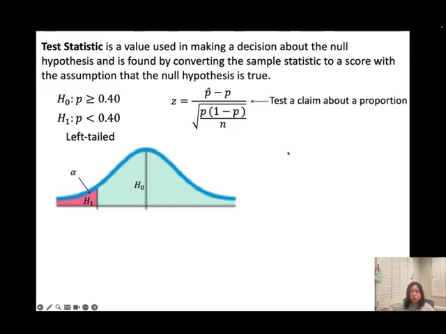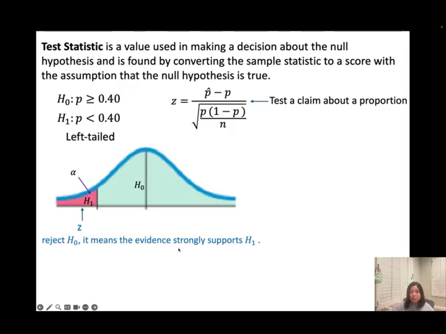So what we're going to do is collect the sample and find the sample proportion. Then, depending on your sample size, how many samples you collect, we plug in here. We use the sampling data to find the test statistic, the z-score. If after you collect the sample data, you find your test statistic is located at this part, that means we reject the null hypothesis.